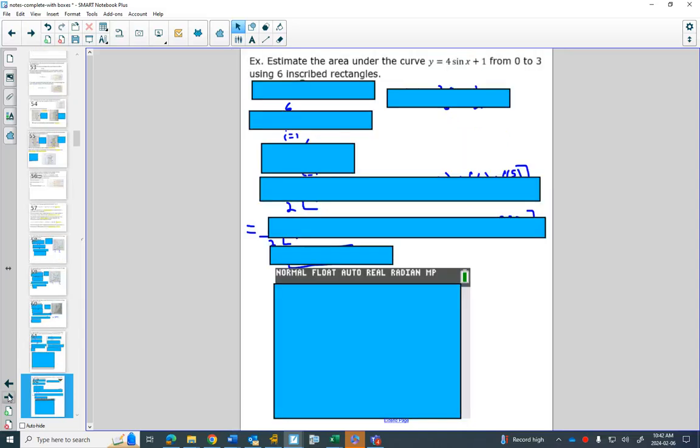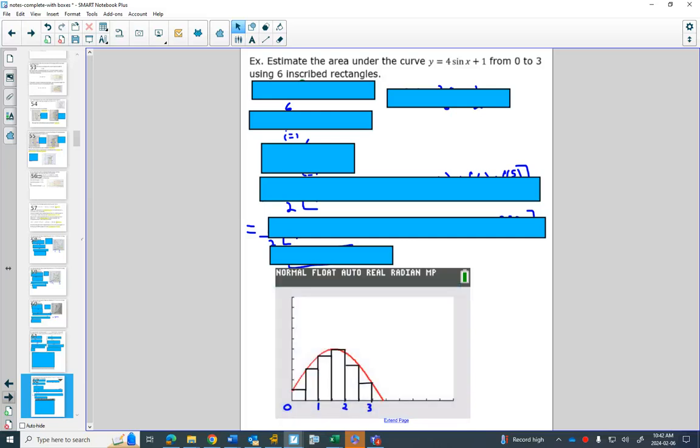And the last example that we'll do today is looking at the area under a sine curve from 0 to 3. There's a picture of your sine curve, and approximately the rectangles you would use. This one looks like it got drawn a little bit too high.